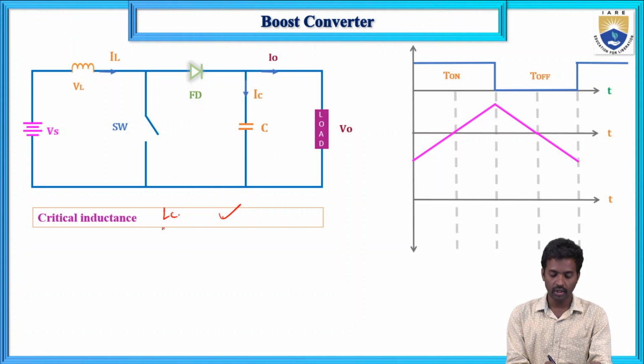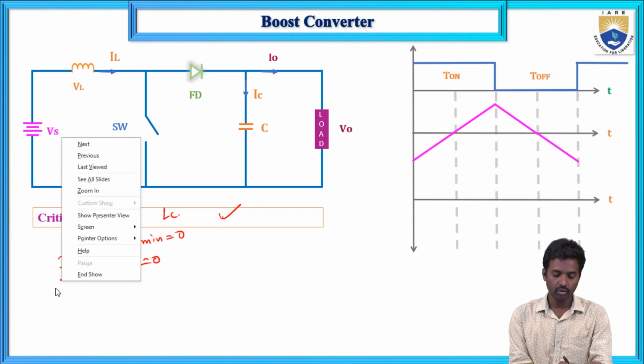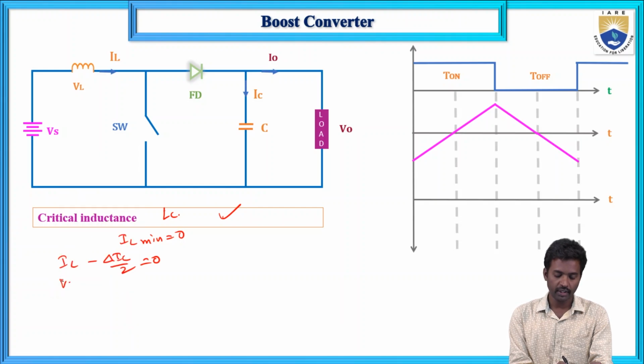For that case, IL minimum equals 0. Now IL minimum equals IL minus del IL by 2, which equals 0. IL means here, what is the formula? IL equals I naught divided by 1 minus D.